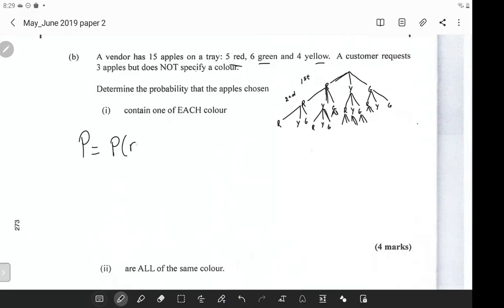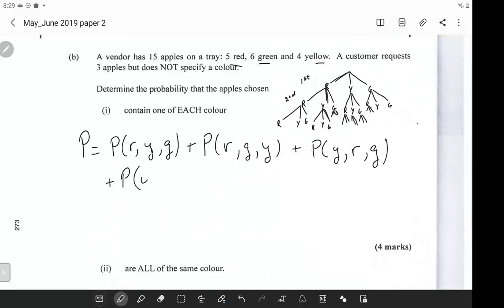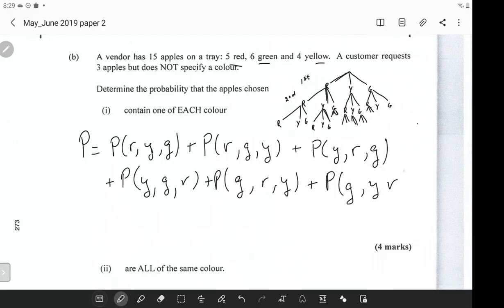The probability that we get red, yellow, green, plus the probability we get red, green, yellow, plus the probability we get yellow, red, green, plus yellow, green, red, plus green, red, yellow, and finally green, yellow, red. I believe that is our permutations, our possible ways.